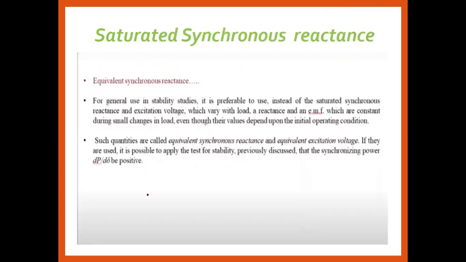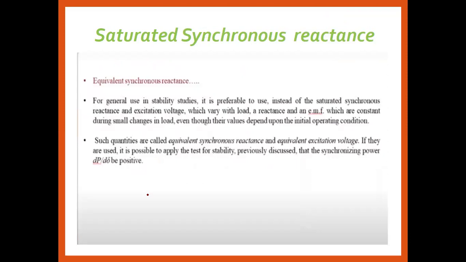What do you mean by saturated synchronous reactance? For general use in stability studies, it is generally preferred to use the saturated synchronous reactance and the excitation voltage, which vary with the load, and the reactance and the EMF, which are generally constant during a small change in load, even though their value depends upon the initial operating condition. Means what?